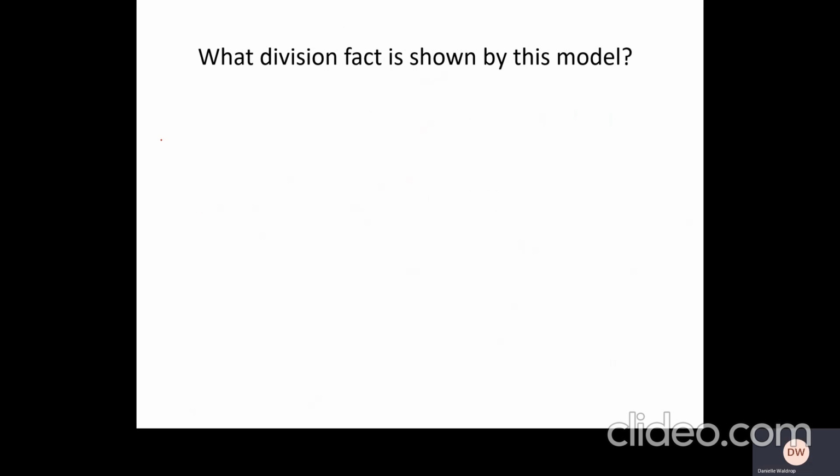Which division fact is shown by this model? All right, I'm going to put it up here and you watch. So we have 18 minus 6 is 12. 12 minus 6 is 6. 6 minus 6 is 0. So what division fact was shown by this model? We started with 18.